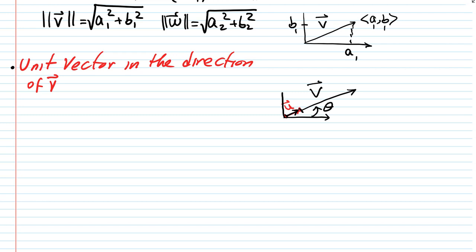Because this is a unit vector, I can make it like this. The coordinates of this point are 1, 0. The coordinates of this other point are 0, 1. And here's my unit vector, which sits at an angle theta here. This is what u is.